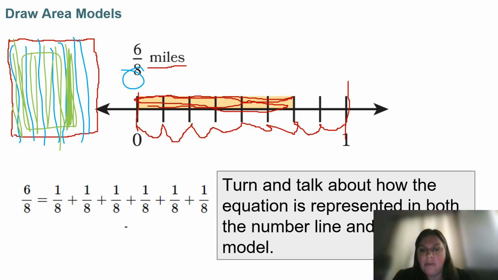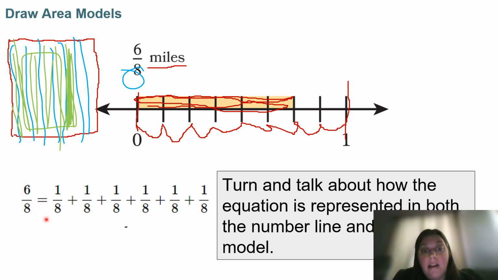How is the equation represented in both the number line and the area model?